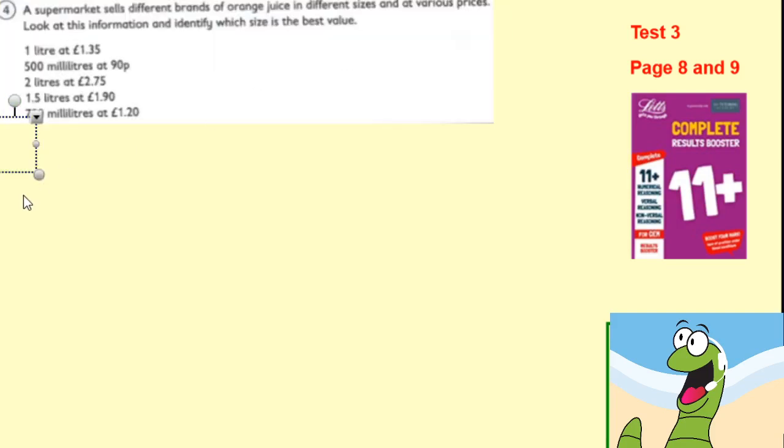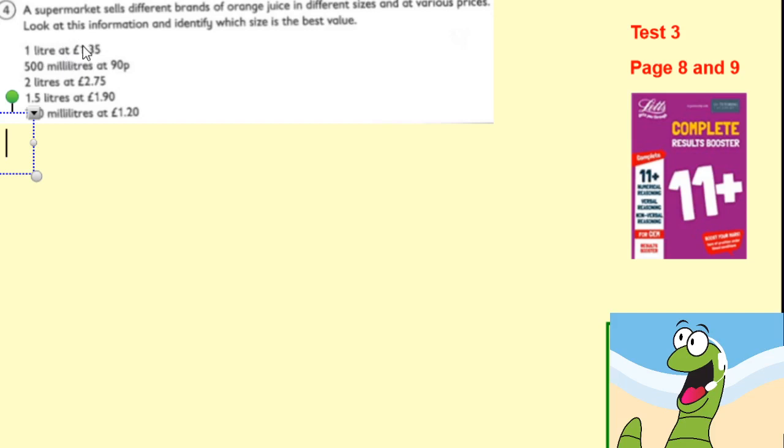Question 4. For comparison, what we're going to do with this question, so we can work it out nice and easily, is work it out as prices per litre.